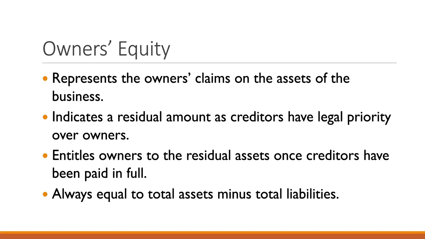Now, if a company goes bankrupt, then creditors get paid first and then the owners. So the owners get what's left after all of the liabilities are paid. Liabilities get paid first. But once the creditors have been paid in full, then the owners get whatever is left.